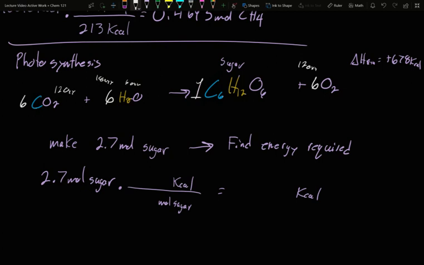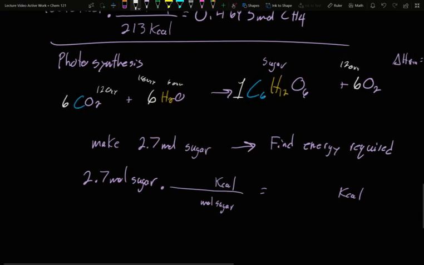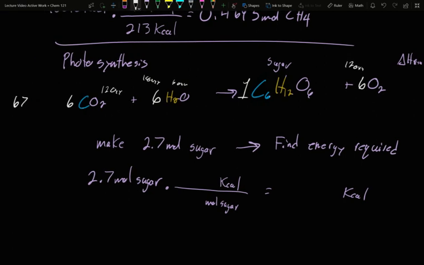So it's 6 CO2, 6 waters, 1 sugar, 6 dioxygens, and while our delta H is positive, we have to put in 678. So 678 kcal must be a reactant. It has to go in order to make the reaction happen. That still gives us our ratio, 678 to 1.